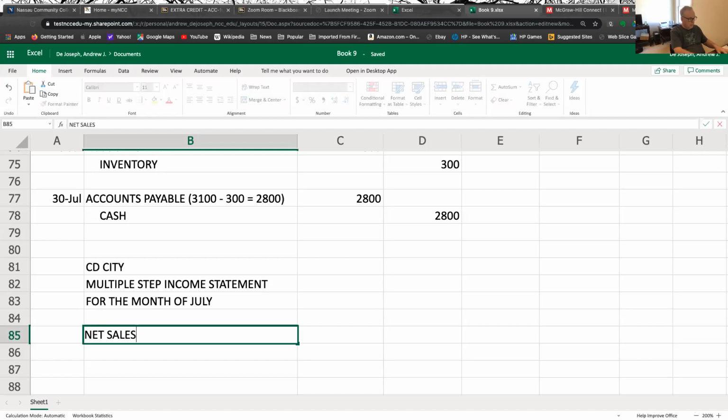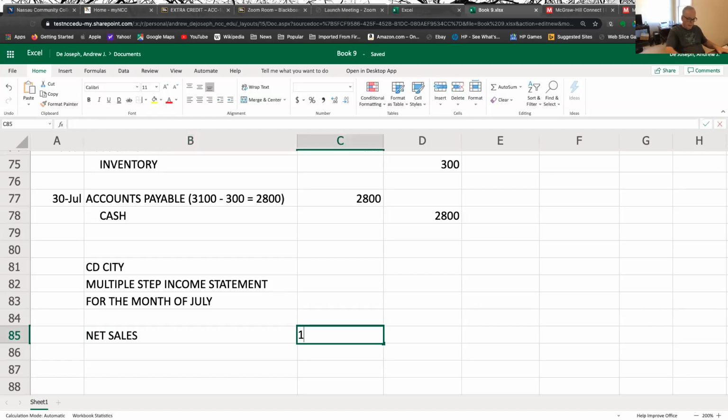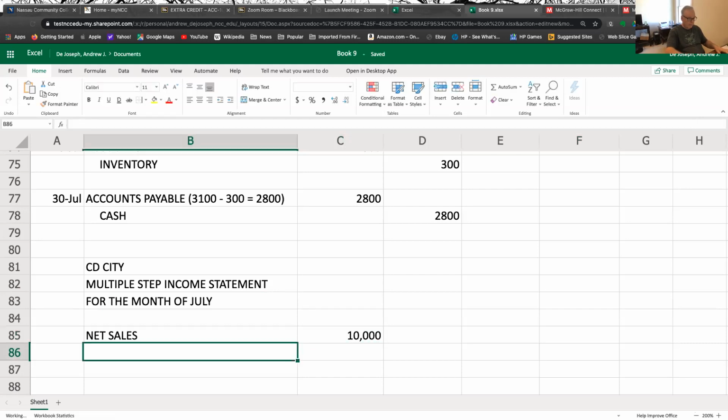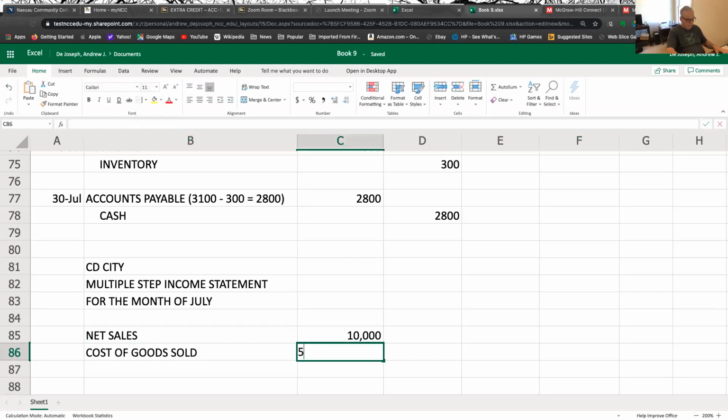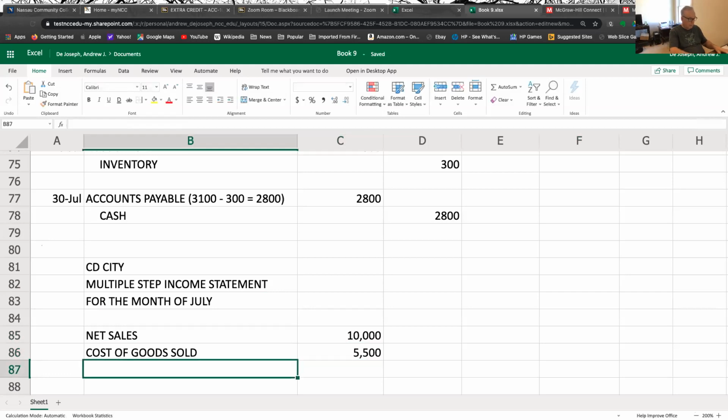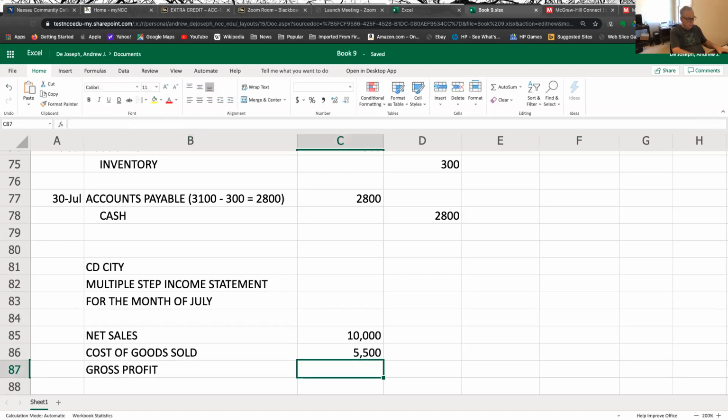Net sales were 10,000. Cost of goods sold was 5,500. Gross profit is 4,500.